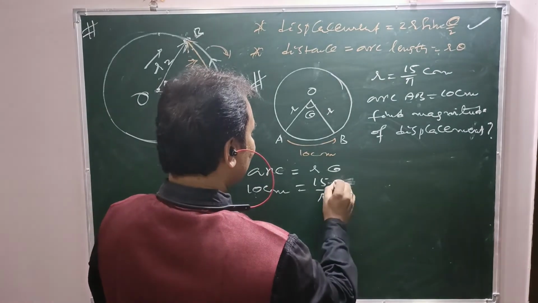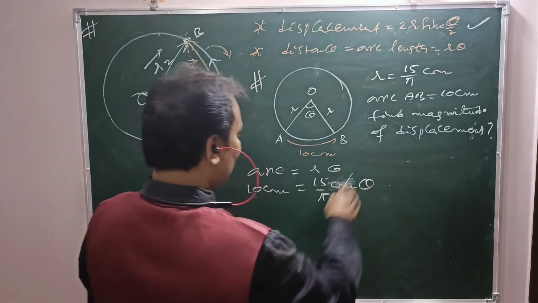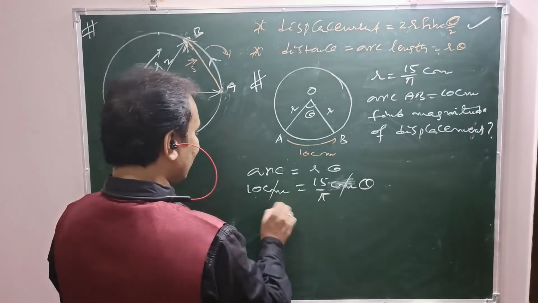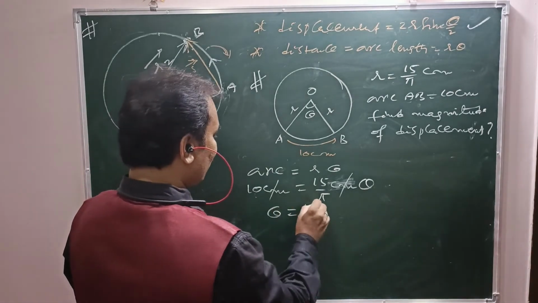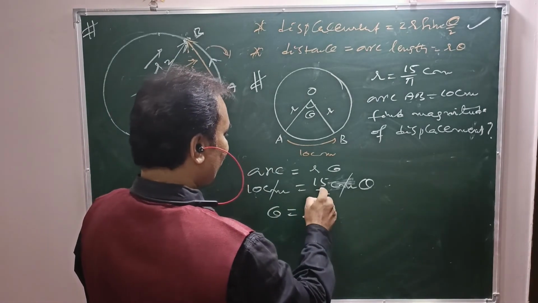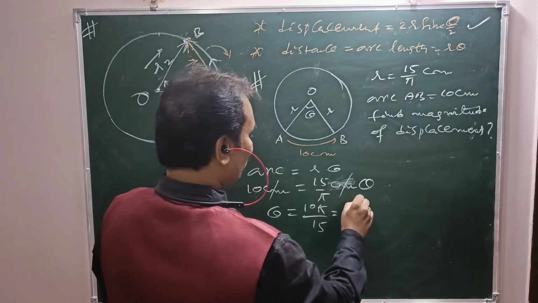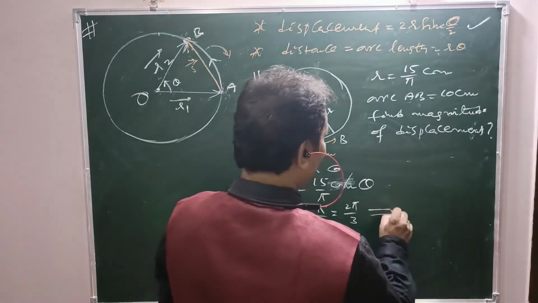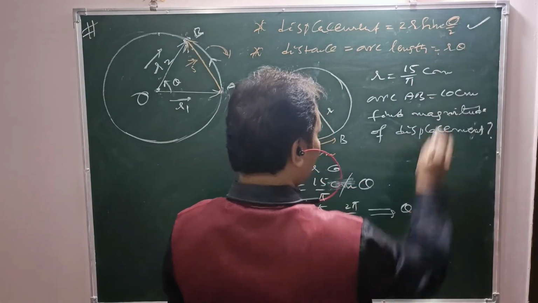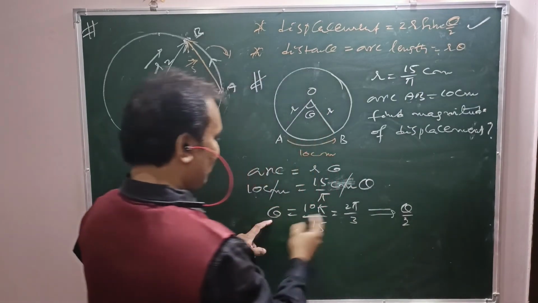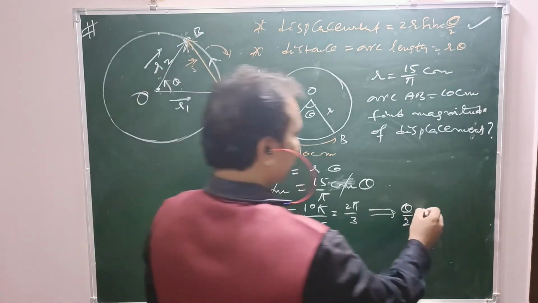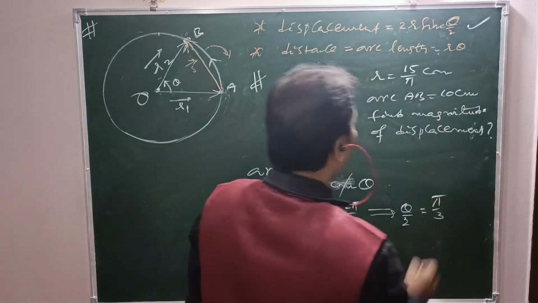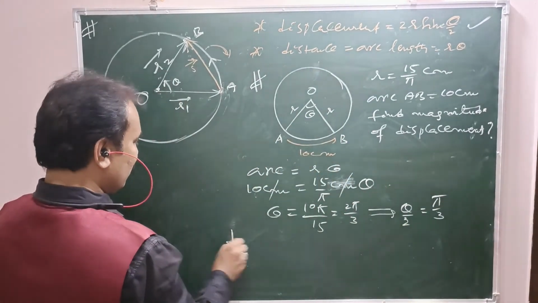Centimeter cancels. Now theta equal to 10 pi by 15. That is 2 pi by 3. Now what about theta by 2? Theta by 2 equal to pi by 3.